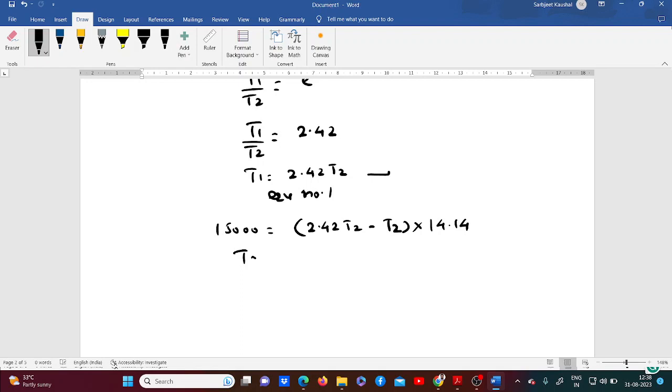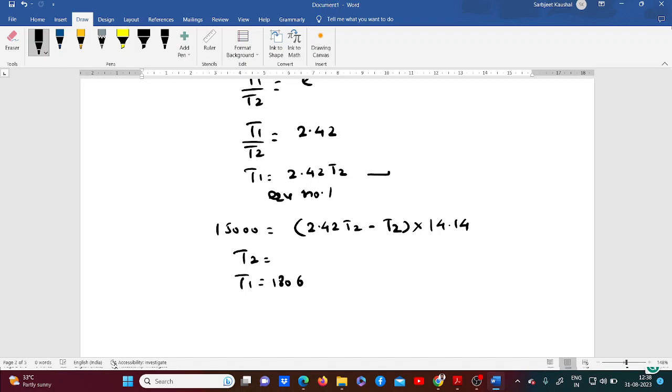So the value of T2 by solving this equation is found to be, the value of T1 is 1806. The value of T2, you can just calculate.